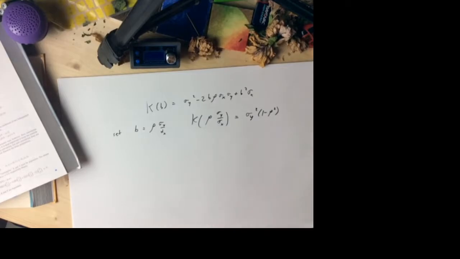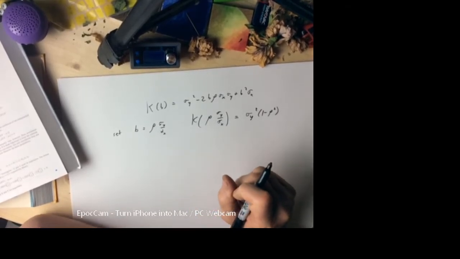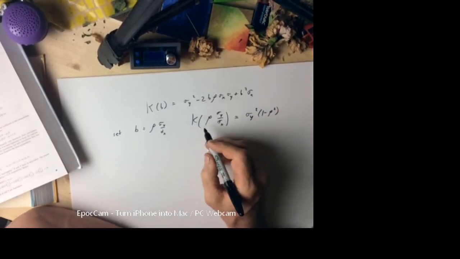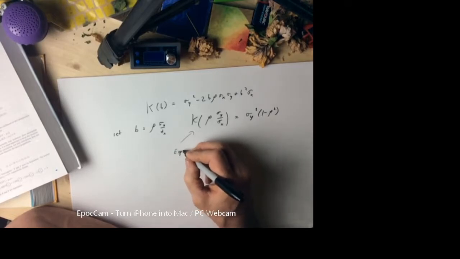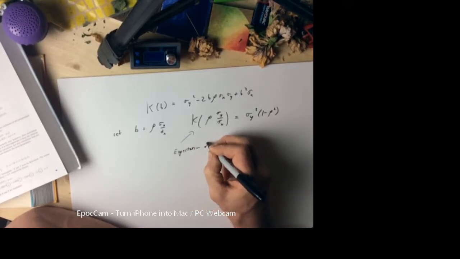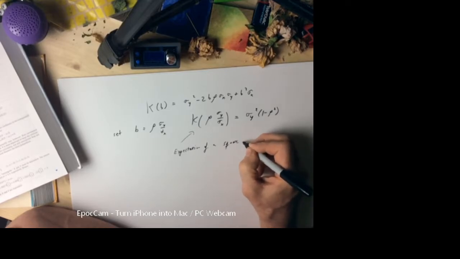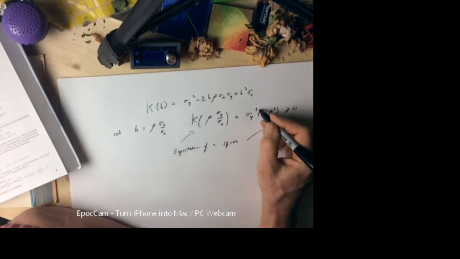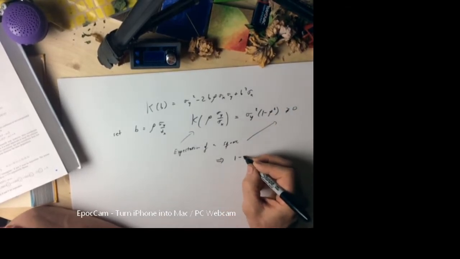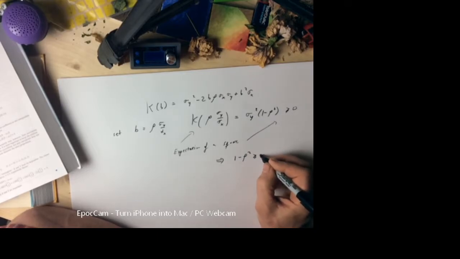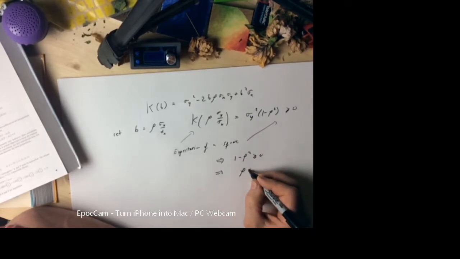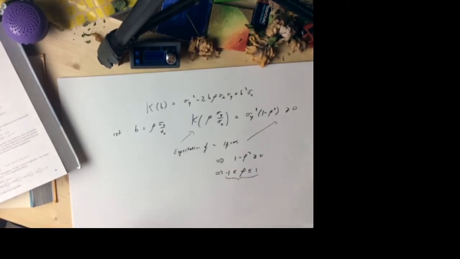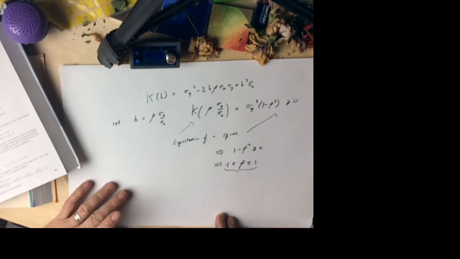Now, one might ask, why did we evaluate it? Well, the answer is we gain a wonderful little piece of information. K of b was the expectation of a square. So that means this has to be greater than or equal to 0. But since this is already squared, this forces 1 minus rho squared to be positive, which forces rho to be located between 1 and minus 1. So this thing called the correlation coefficient doesn't take on very many values.